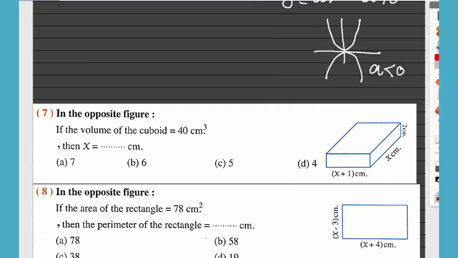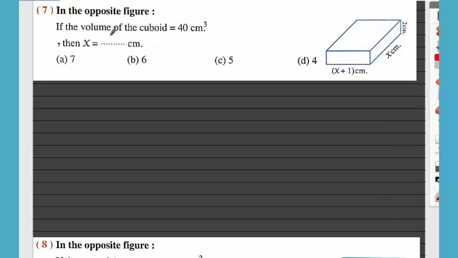Next question. In the opposite figure, if the volume of the cuboid equals 40 centimeter cubed, then x equals, okay, what is the volume of the cuboid? V equals length multiply width multiply height. We consider the length equals x, multiply the width x plus 1, multiply its height 2.